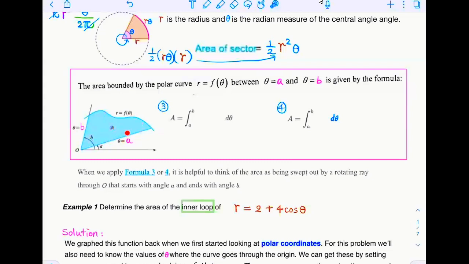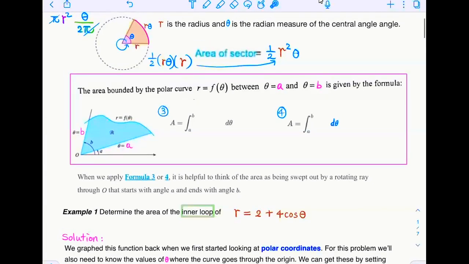So imagine that this one over here turns and turns, finally stopping here. And that ray is going to sweep out this whole region. The area for this region is going to be the integral.